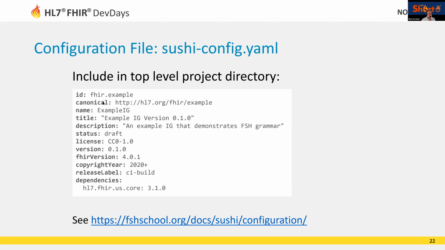What's the ID, what's the canonical, the name, the version, and other things like the license and the copyright, and dependencies are other external IGs that you'd like to pull in. So you can use any external IGs that exist. Here we're using US Core just to pull in some examples.